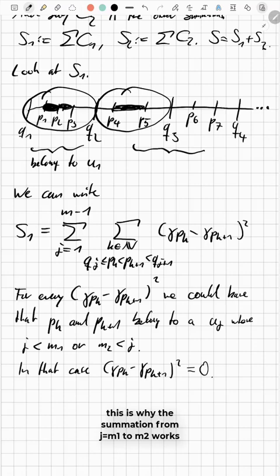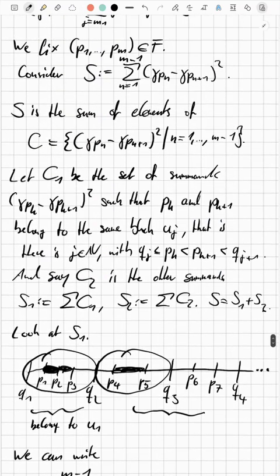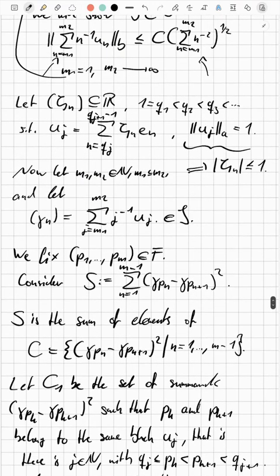because gamma is only made out of the blocks M1 to M2. So we go from the M1th block to the M2th block.